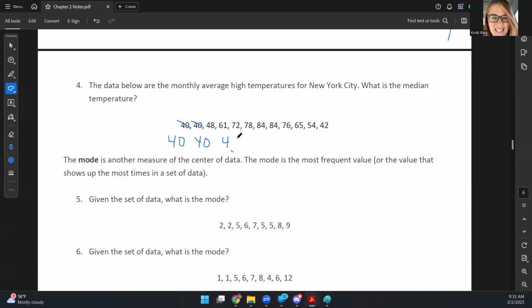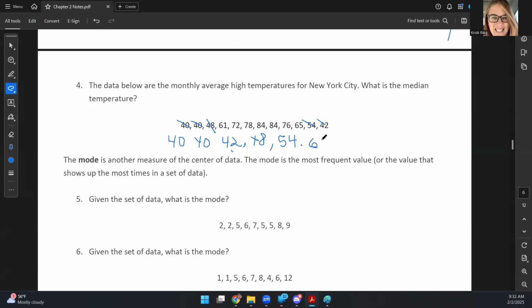Okay, let's go back to my 42, 42, 48, 54. I don't know why sometimes my 4s look good and sometimes they don't.